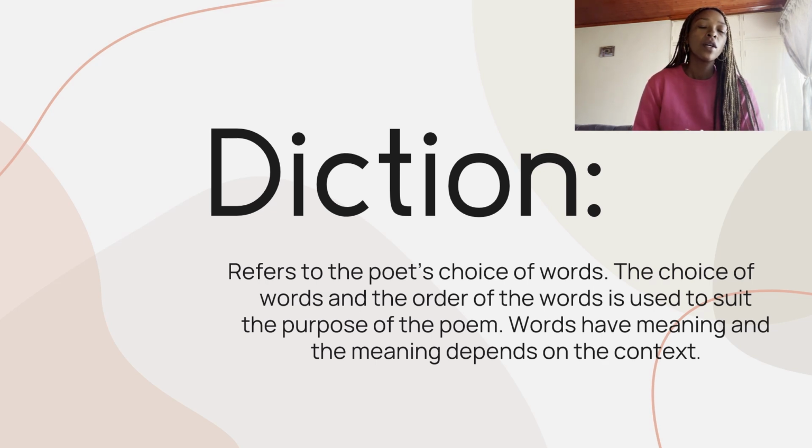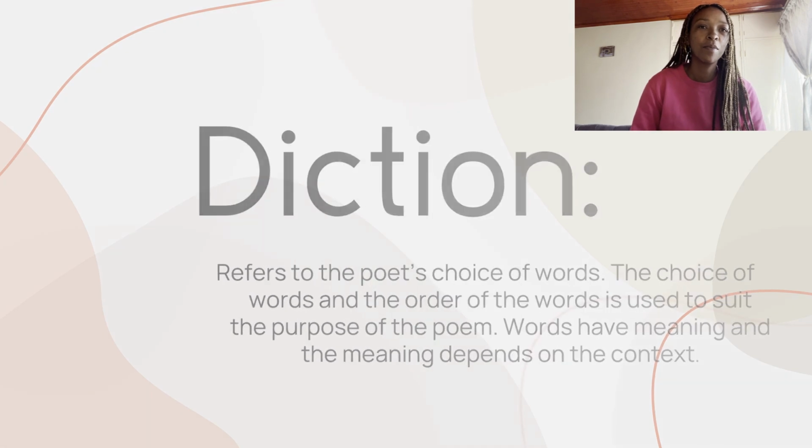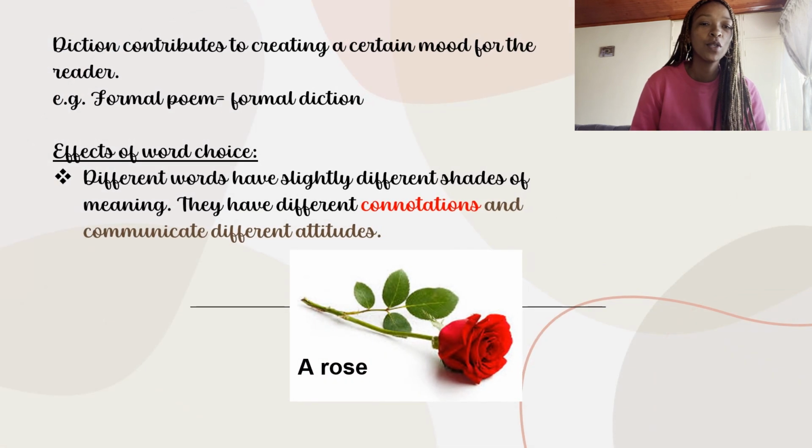Remember that words could have the same meaning, but in the context of the poem, the word that the poet uses makes it more relevant to the poem or brings across the message a little better. Diction contributes to creating a certain mood for the reader. For example, if the poet is using formal diction, then you would get to the point that the poem is quite formal. The effects of word choice.